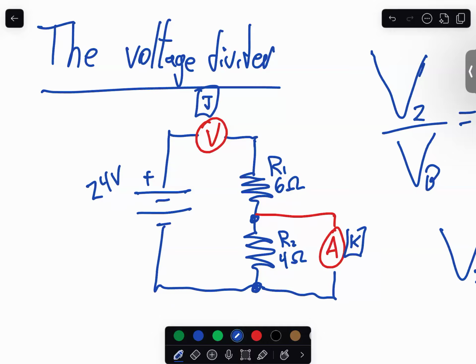You can tell me a number for each of these, from 0 through infinity.